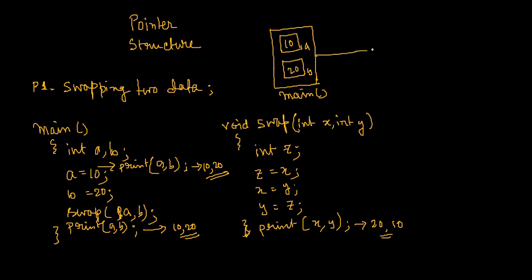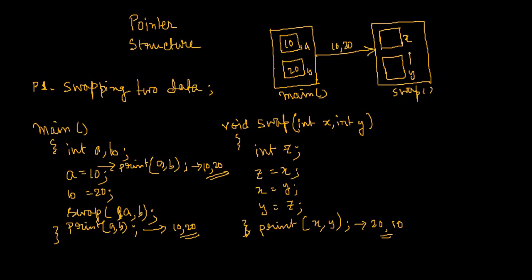And when you are calling this swap function, it takes 10 and 20 as parameters because of this a comma b. So this is the swap function, and we have x here, y here, and obviously z here also, which is used temporarily to store something of x or y.